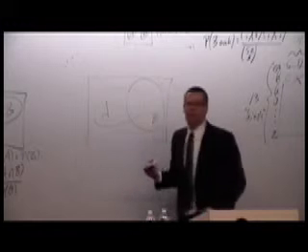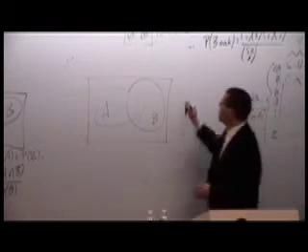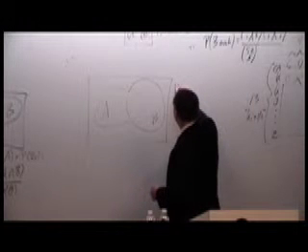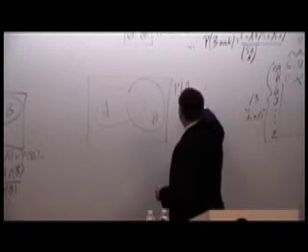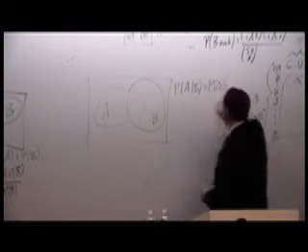It's going to look something like that. Because what has to be true? You have to have that the probability of A given B is equal to the probability of A.